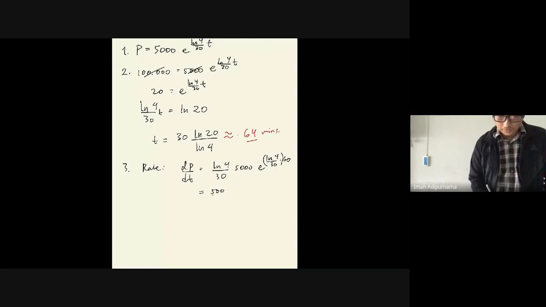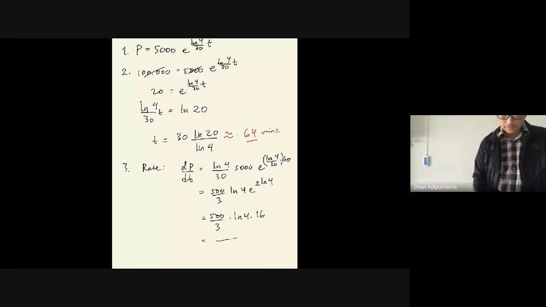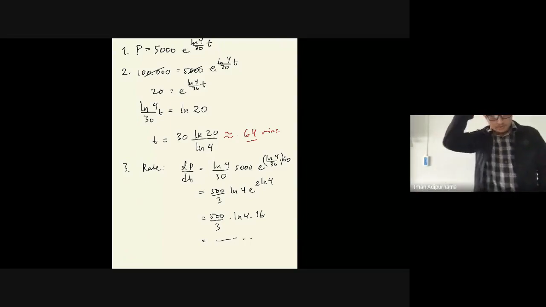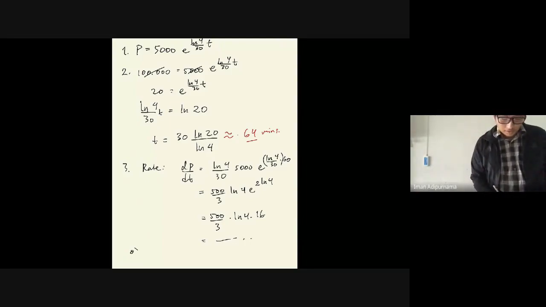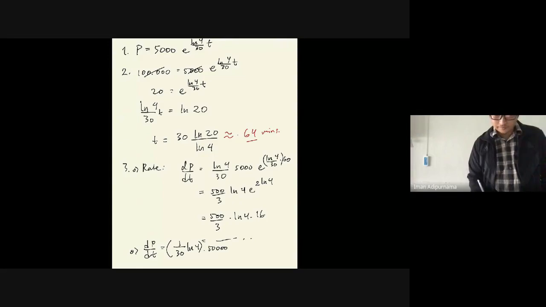So it will be 500 over 3 ln 4 e to the 2 ln 4. It becomes 500 over 3 ln 4 times 16. We will have some number here. And the other number, the rate when dp dt is, you just need to multiply with 50,000, and it will be some number here.